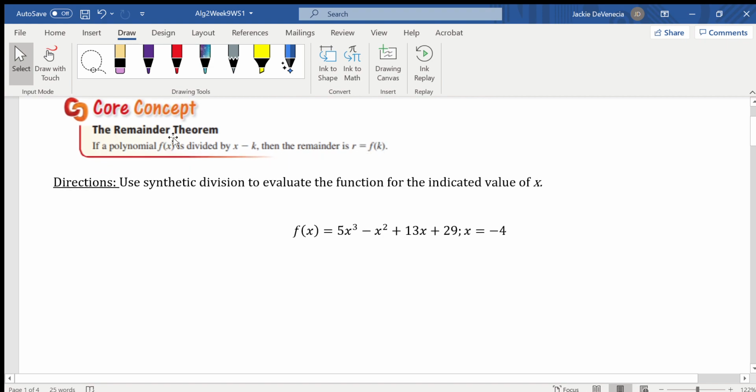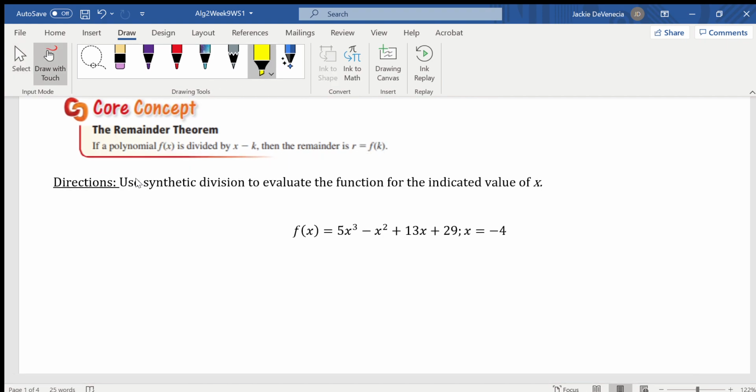So the directions say we have to use synthetic division. That's something that we did yesterday. And we need to evaluate the function for the indicated value of k. So what they mean by evaluating the function for the indicated value of x is this is our function, and this is the indicated value of x.